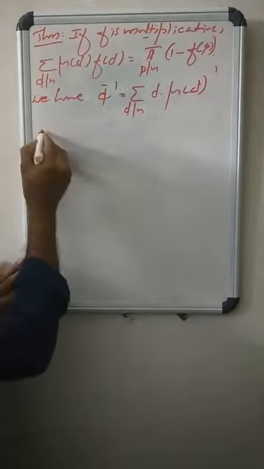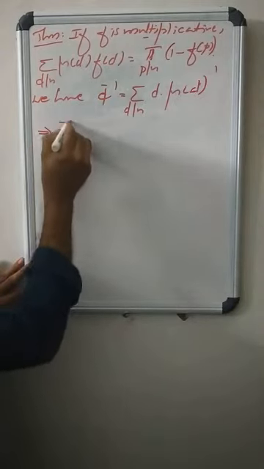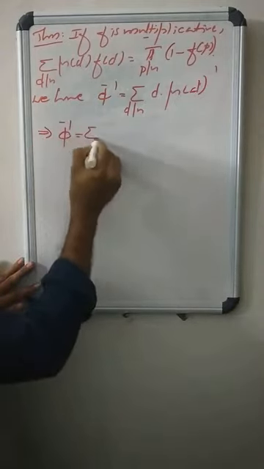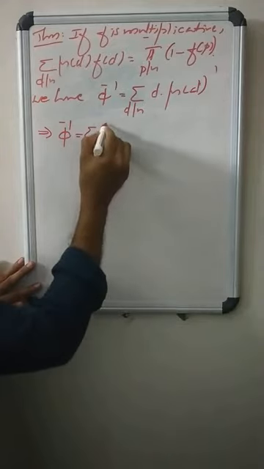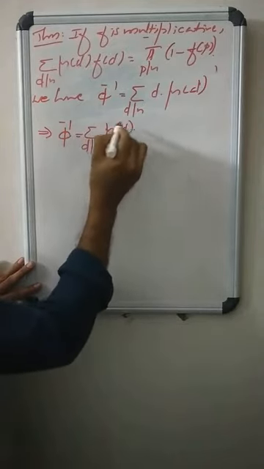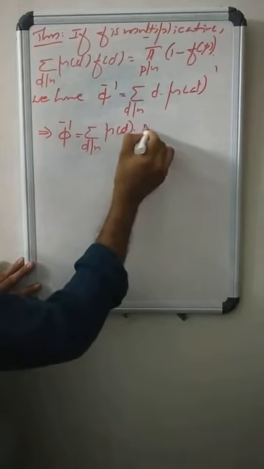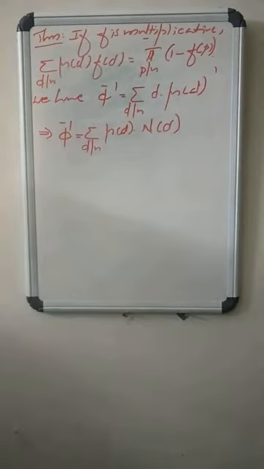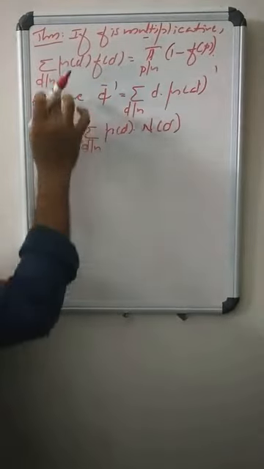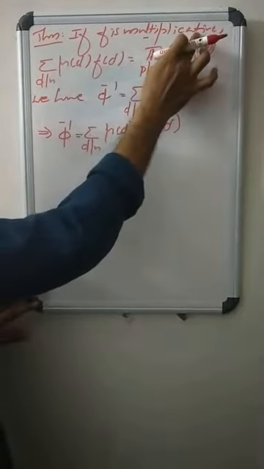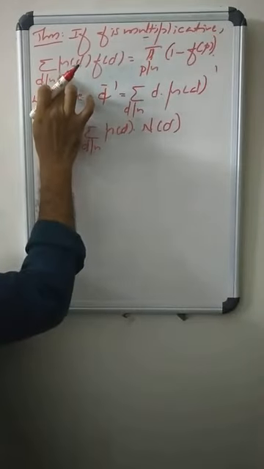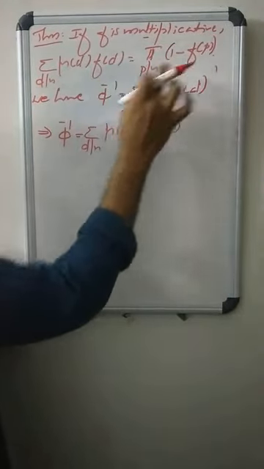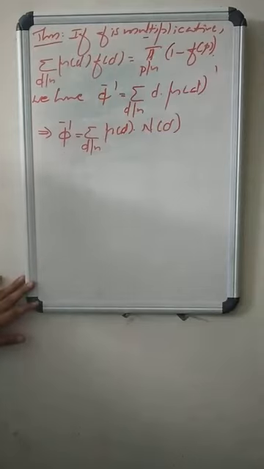So that means phi inverse equals sigma over d divides n of mu of d into, what is this d? d can be rewritten as n by d. Sigma over d divides n of mu of d into n by d. So by this theorem, when f is multiplicative, sigma over d divides n of mu of d into f of d equals the product over p dividing n of 1 minus f of p.